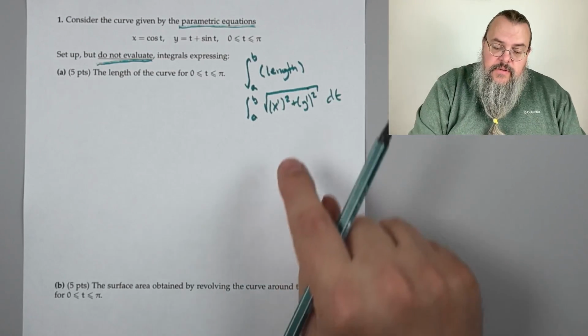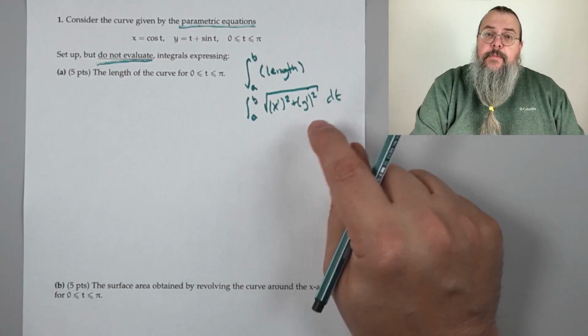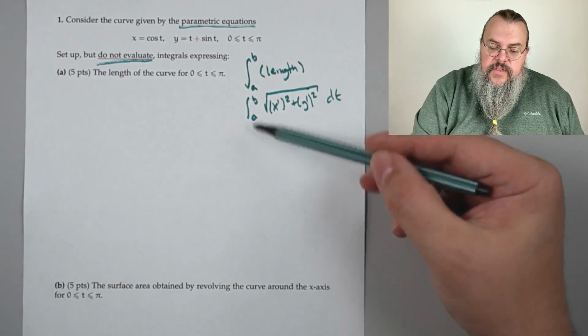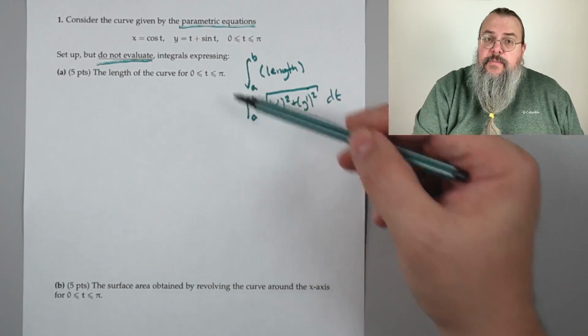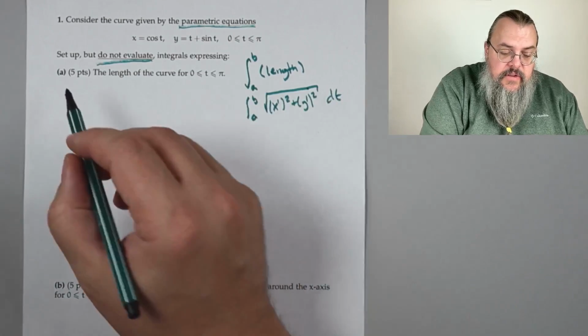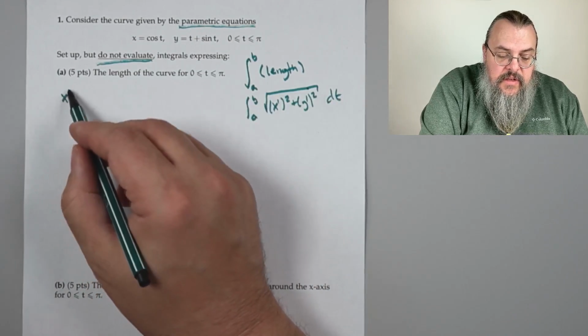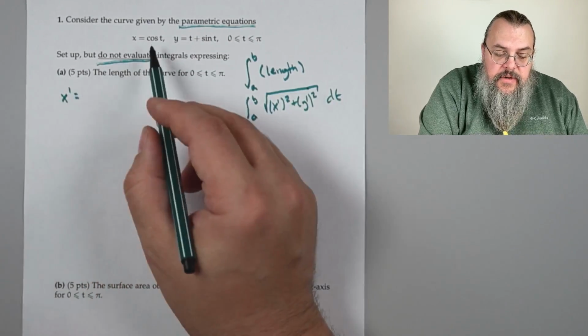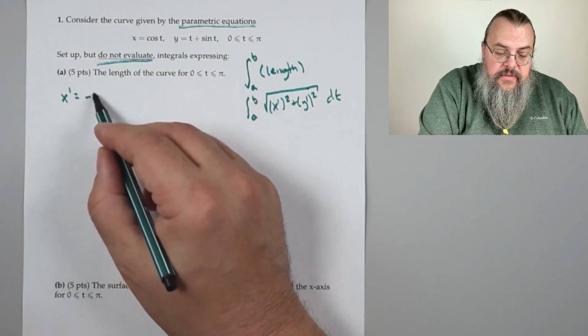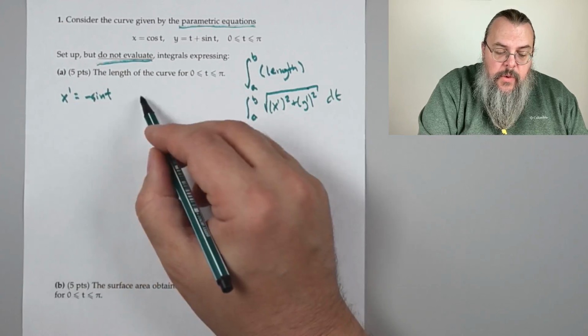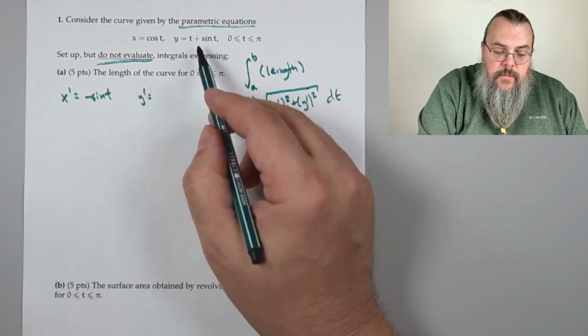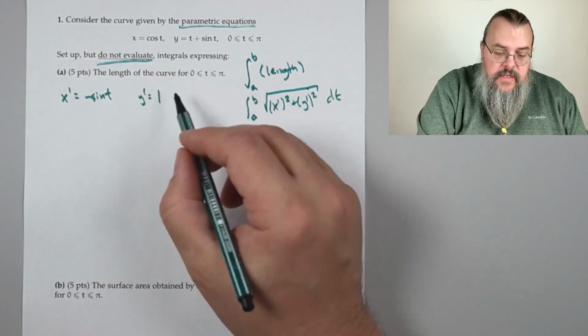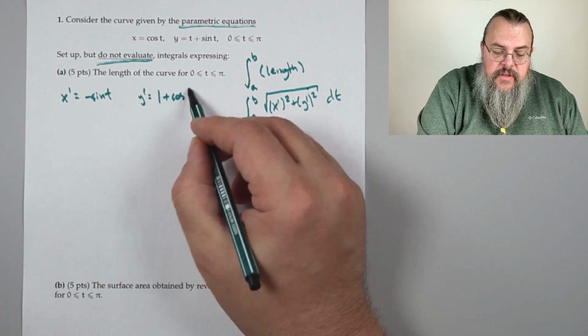So what do we need to do? We need to find x prime, we need to find y prime. We know our start and stop. It's given to us, 0 and pi. All right, so let's do some computations. X prime, the derivative of cosine, is negative sine. Y prime, well, 1, and the derivative of sine is positive cosine.